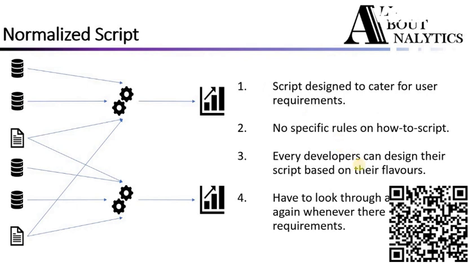And there are no specific rules on how to script. Every developer can design their script in their own unique way. And lastly, we have to look through all the scripts again whenever new requirements come in. Now let's get into details on each of the items here.